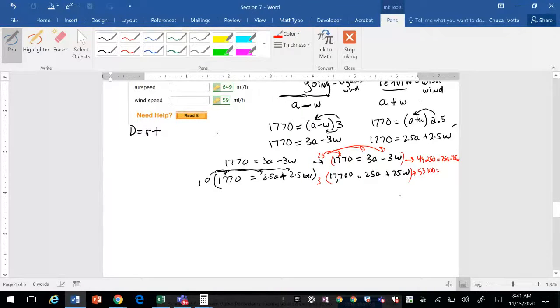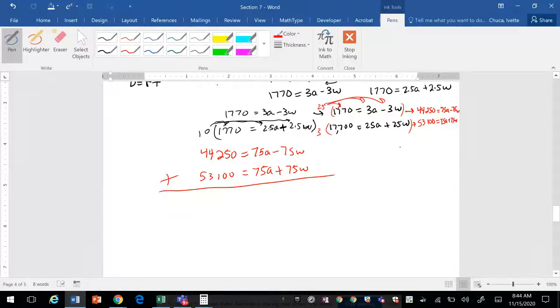53,100 is equal to 75A plus 75W. Let me just rewrite them down here. So the first one is this one. And then the second equation, 53,100 equals 75A plus 75W. Okay, so we can add the two equations.